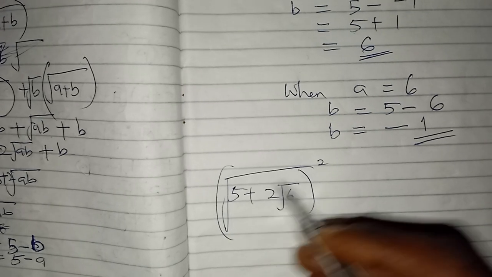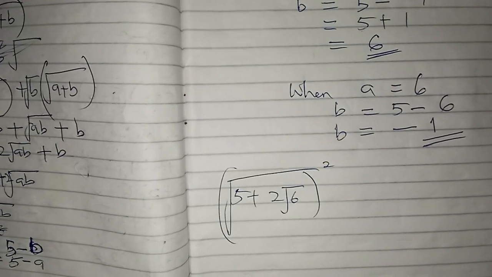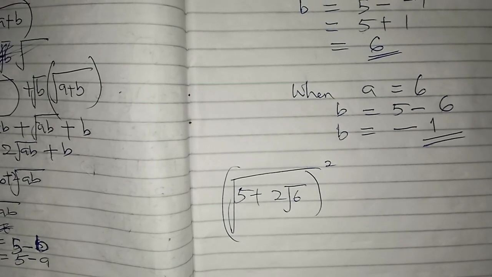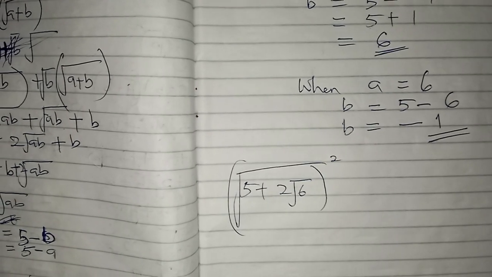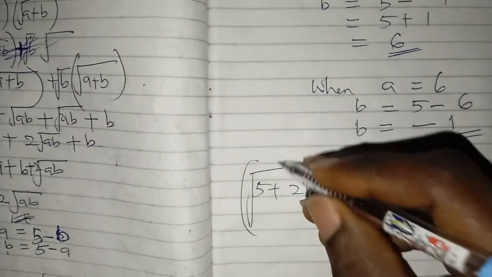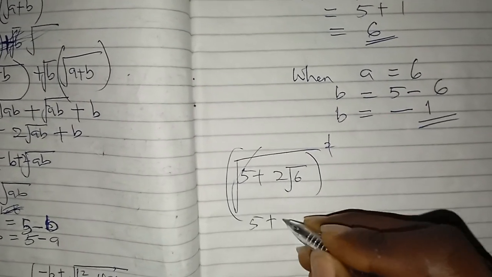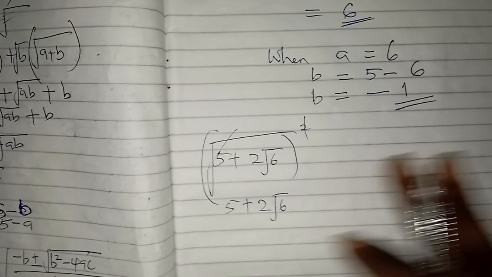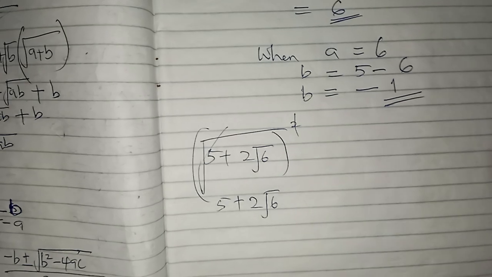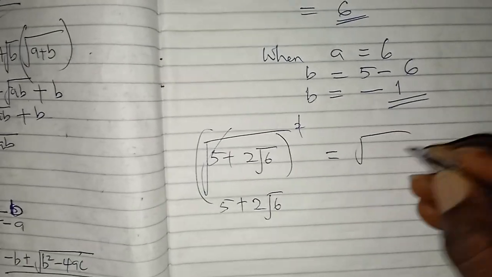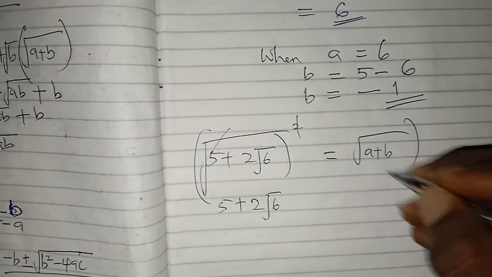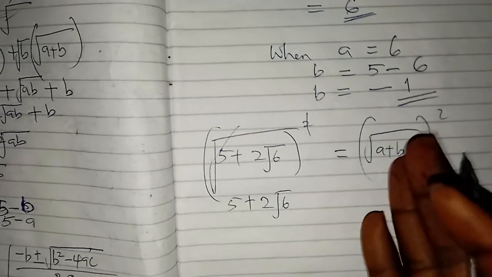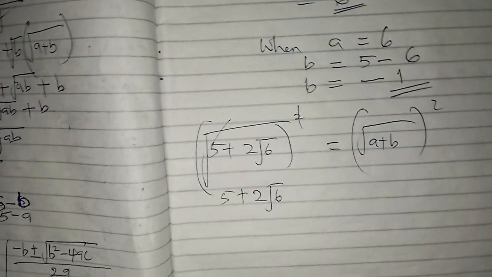But you know you can't take the square root of one side. That is why once you see this kind of question, when you now have 5 plus 2 root 6, you simply need to compare it with the right hand side by first doing root a plus root b. So take the square of both sides, then solve.